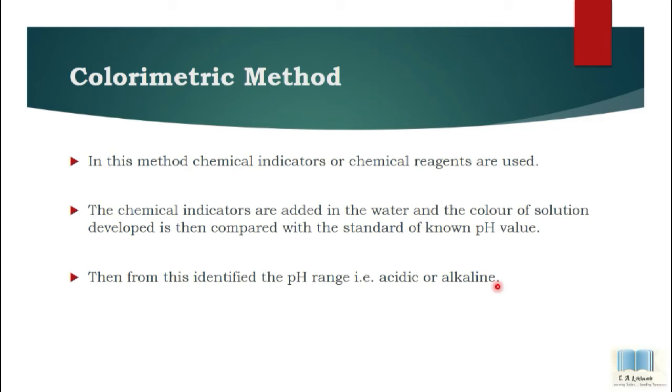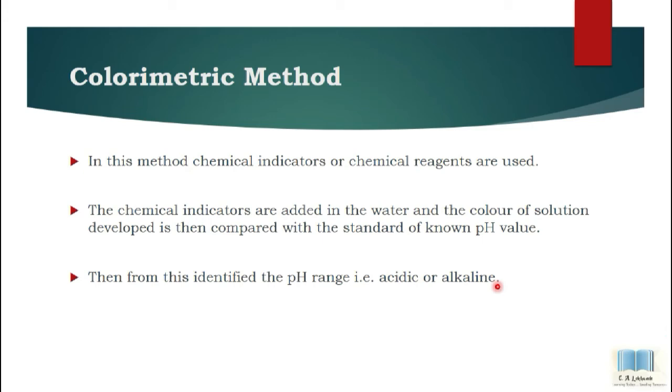In this method, first the reagents are added in the water and then we observe the color of the solution. Then compare this solution with standard pH values. From this, we can easily identify the pH range.